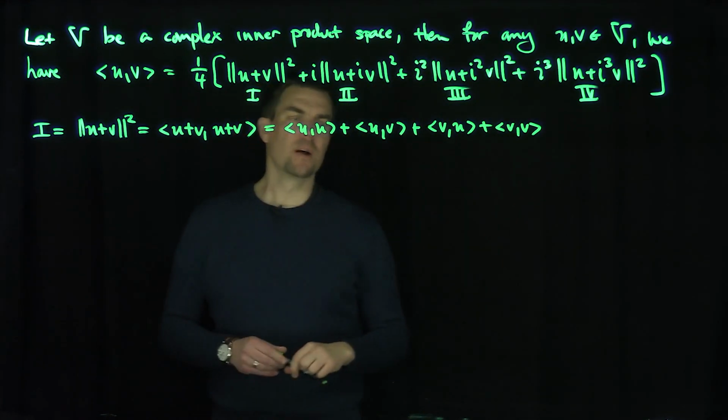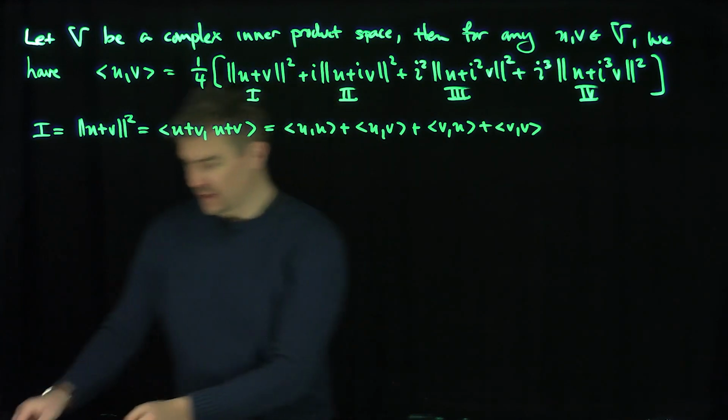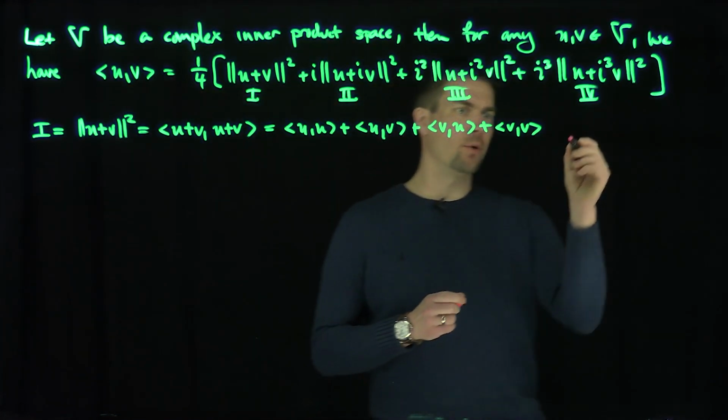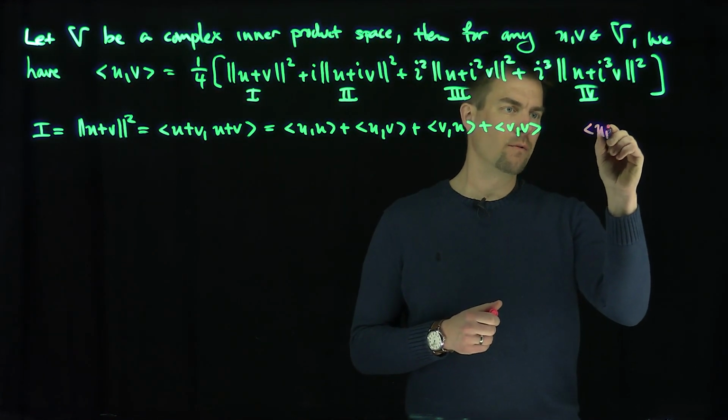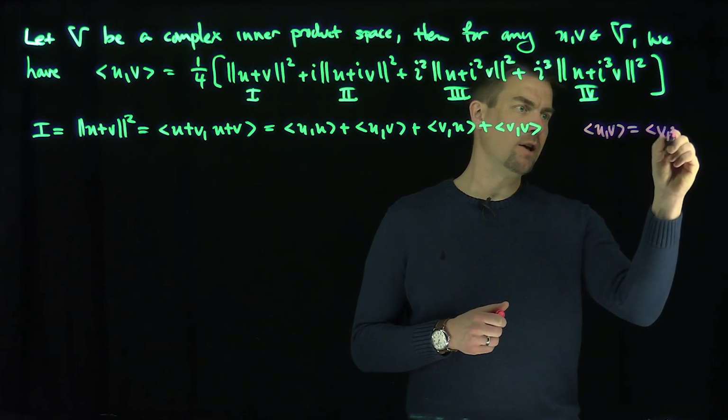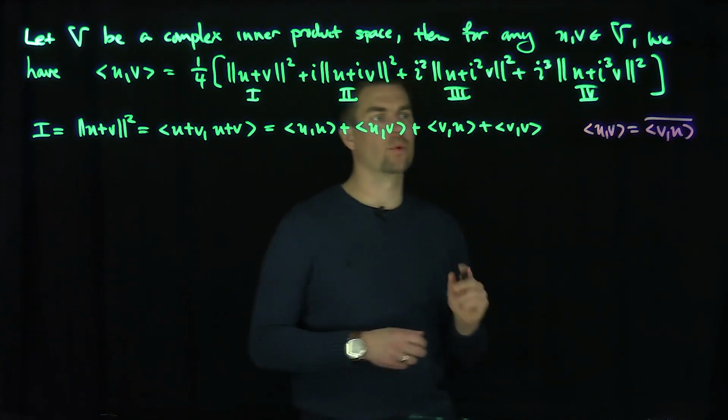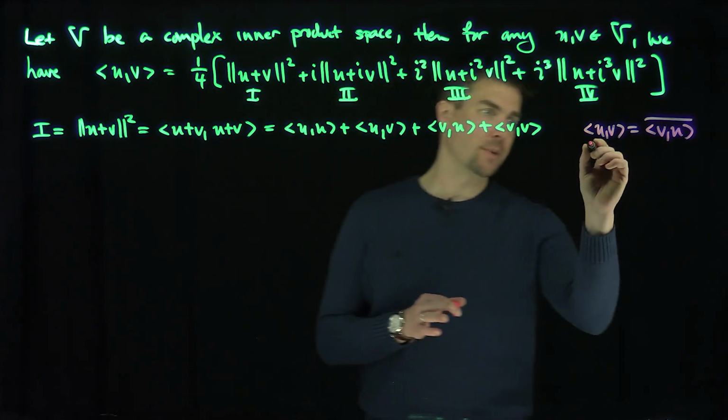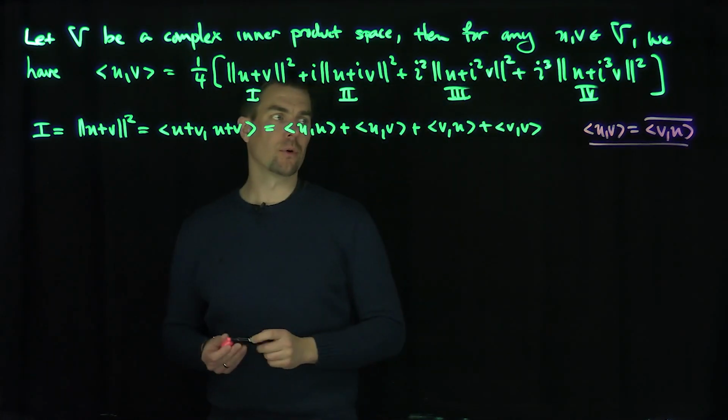Those are terms I get. Now remember that for a complex inner product space, we have this identity: if I want to switch the order, UV is the same thing as VU with a complex conjugate over it. So that's one of the rules we're going to use for complex inner product spaces. We have to bear in mind the conjugation rule.